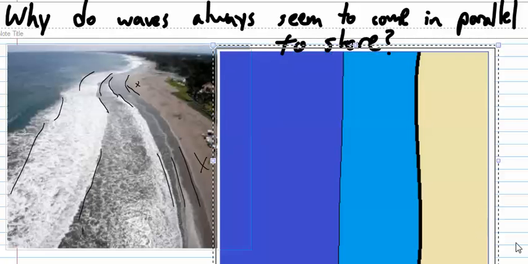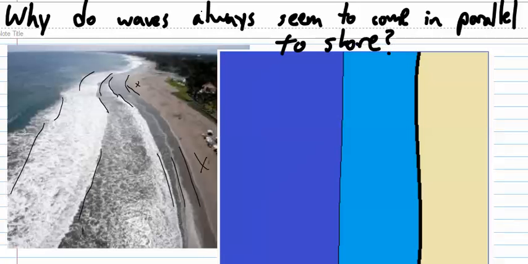Okay, so what we have here is the beach, and we've got some shallow water, and we've got some deep water. Now, in another video, I explained a trick, and if you haven't seen it yet, here it is in the quick version. If a wave is coming in, you've got all these ripples coming in like this.